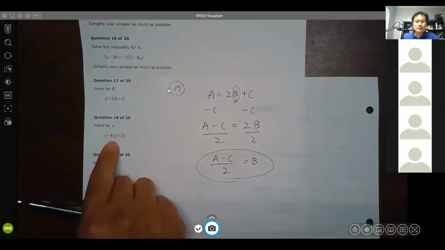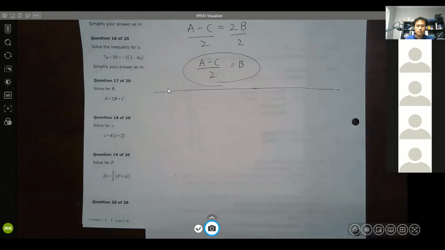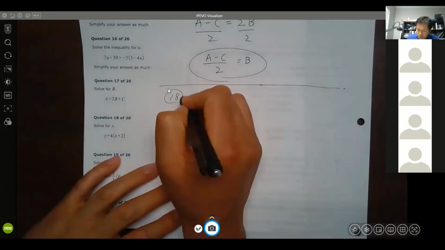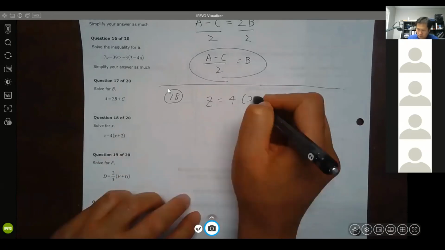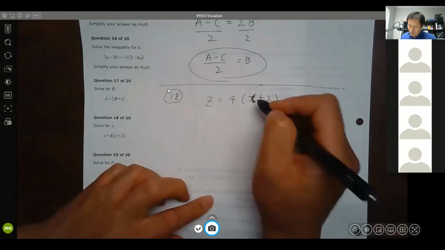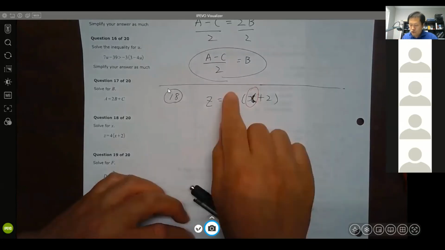Please try 18. Okay, solve for x. Some of you might distribute 4 and solve for x.